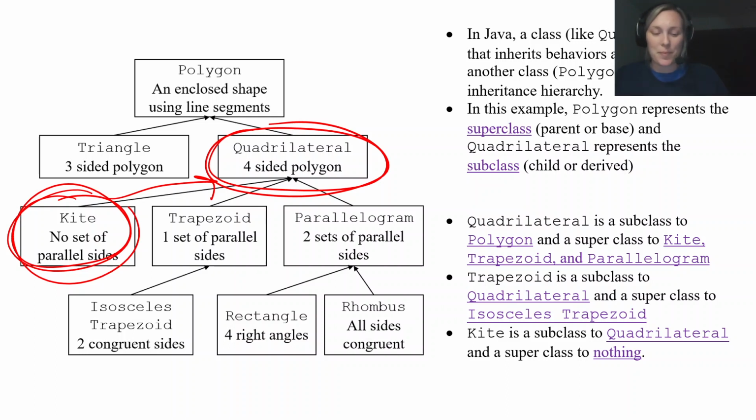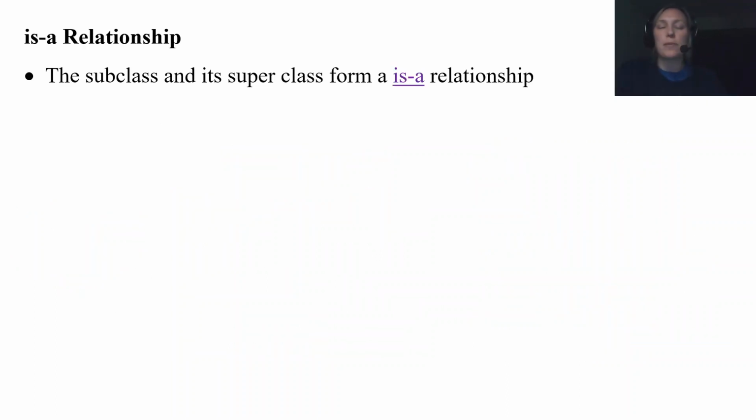in this relationship. We have also started talking about a special type of relationship called an is-a relationship. Okay. An is-a relationship. The subclass and the superclass form an is-a relationship. Okay. So when we're looking at a hierarchy like this, X is my subclass, Y is my super.